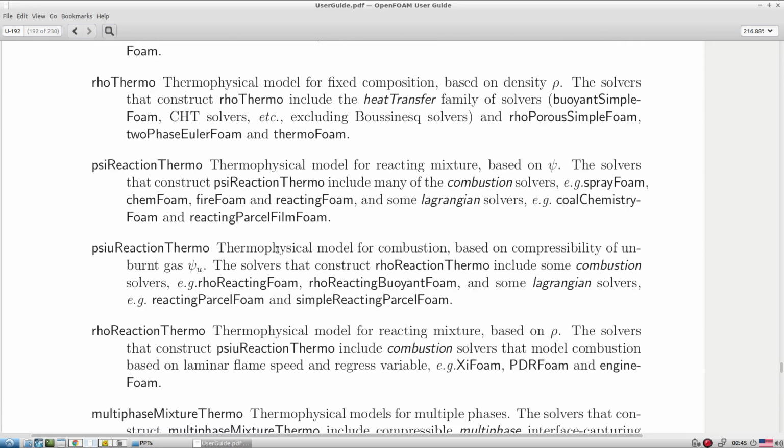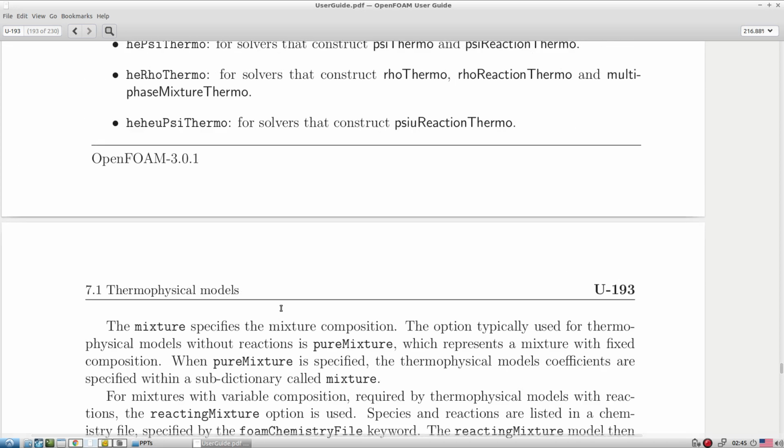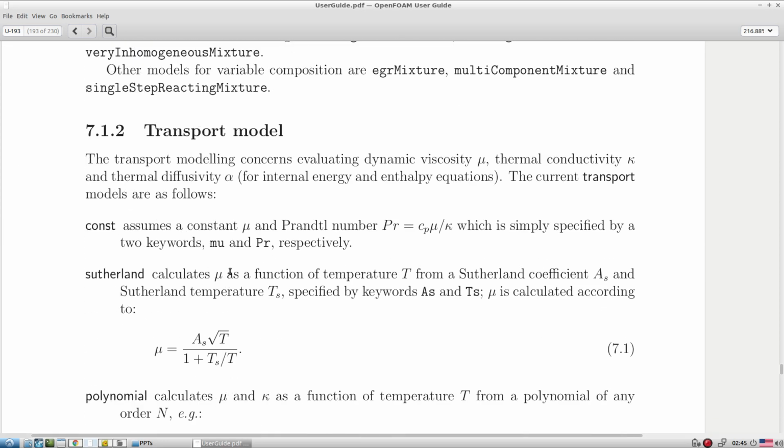From the constant models, which constant model? Here you have a transport model, with a couple of options like constant. Constant assumes a constant mu and Prandtl number Pr, which is simply specified by two keywords, mu and Pr.